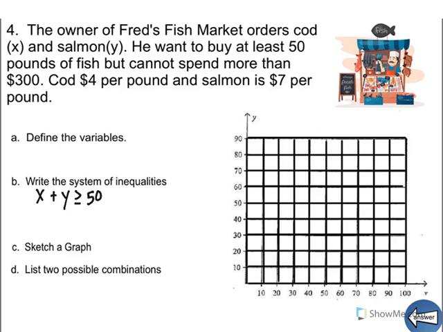Cod costs $4 and salmon costs $7. So 4x plus 7y, and he cannot spend any more than 300, so it's less than or equal to 300. Our variables here would be x is amount of cod, y would be amount of salmon.